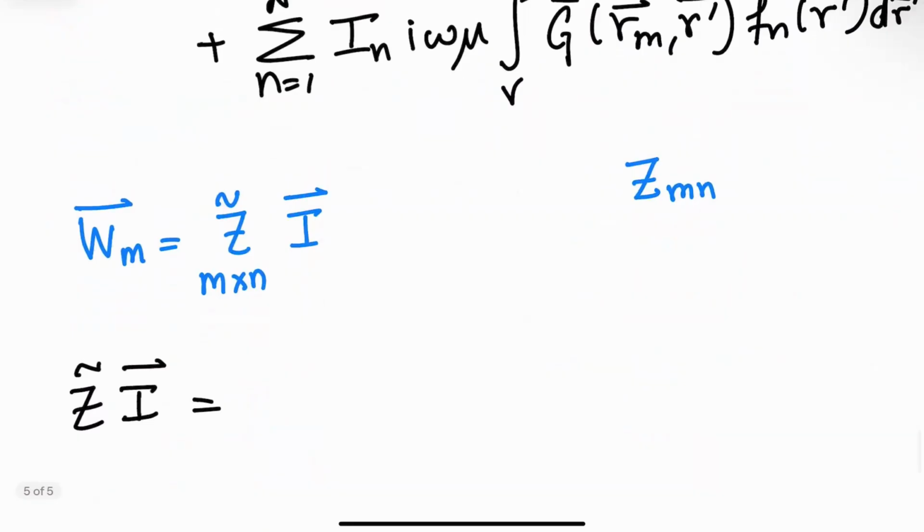So I can write this as V vector plus Z tilde prime I, where the elements of Z tilde prime are the Zmn.